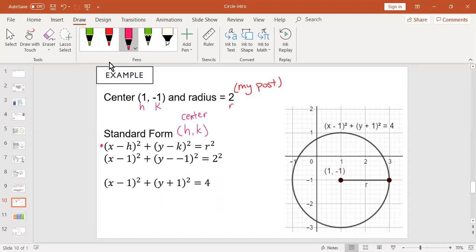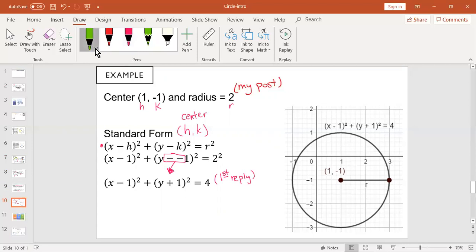So I plug them in. But if you notice, I have 2 negatives here, which I can simplify into a plus sign. And 2 squared is 4. So this would be my first reply, or somebody's first reply. I would just write the equation.